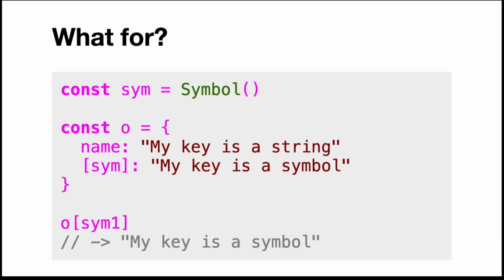Why are symbols even there? They are unique, as I said, and there was another change: objects can now have keys which are symbols. If you go to a book which is older than 4 years and look at objects, it tells you that in an object, the keys are always strings. And if you try to access with something else, it will be coerced to a string.